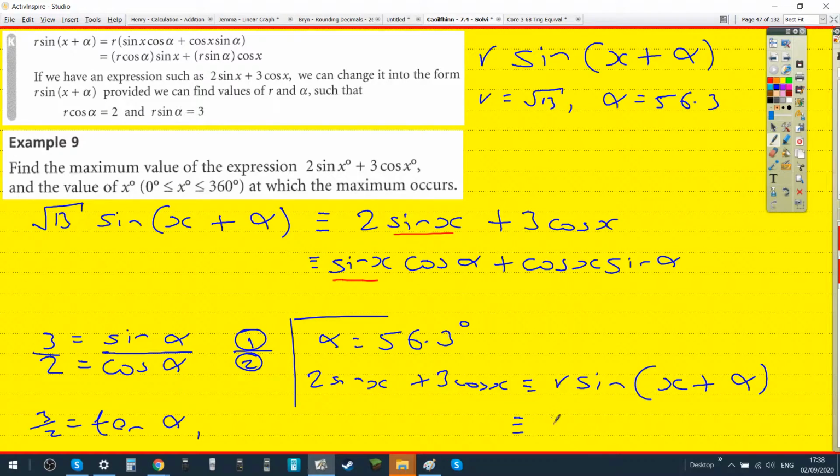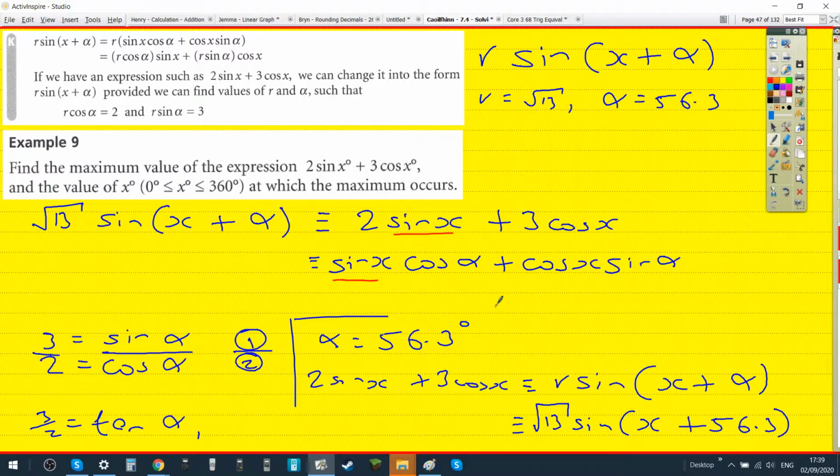Root 13 sine x plus 56.3. If you used the addition formula, sine x cos 56.3 plus cos x sine 56.3, and expanded the brackets by root 13, you should get very close to 2 sine x plus 3 cos x. We rounded it to one decimal place.